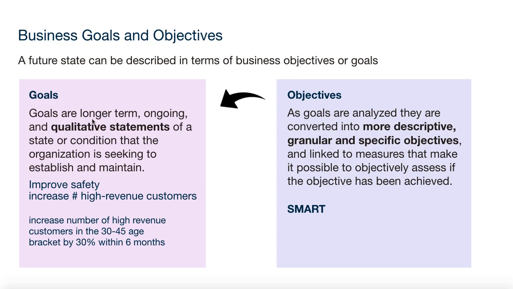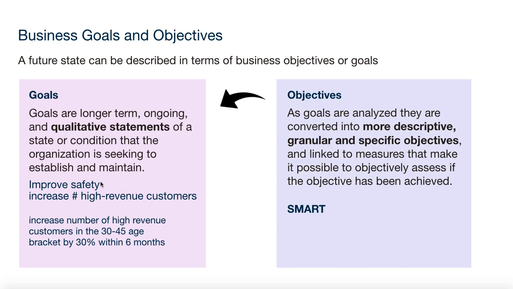So goals are long-term, ongoing and qualitative statements of a state or condition that the organization is seeking to establish and maintain. Some examples of goals are to improve safety, increase revenue. All these are qualitative, okay? There's no quantitative measures added to it.